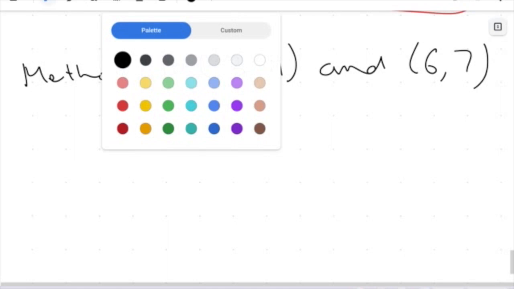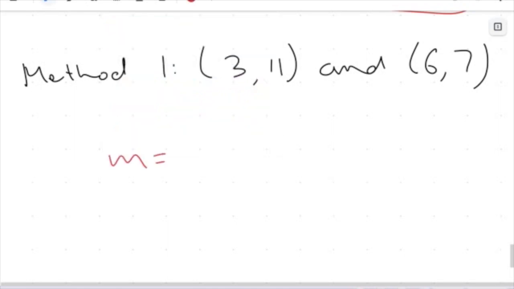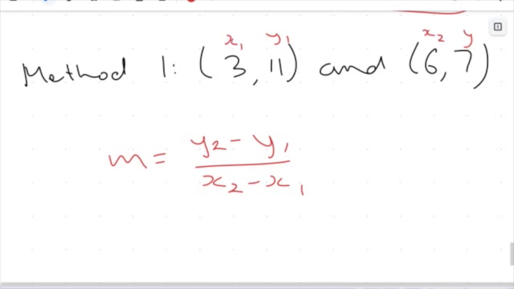So, my gradient m equals y2 minus y1 over x2 minus x1. So let's call this y1, y2, x1, and that's x2, y2.